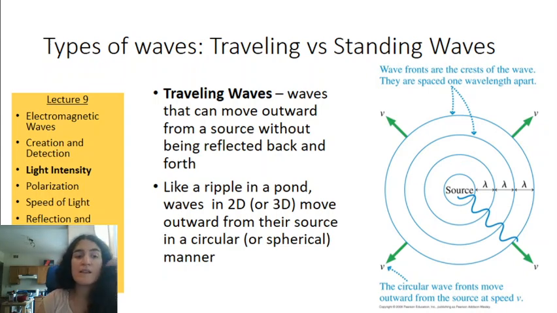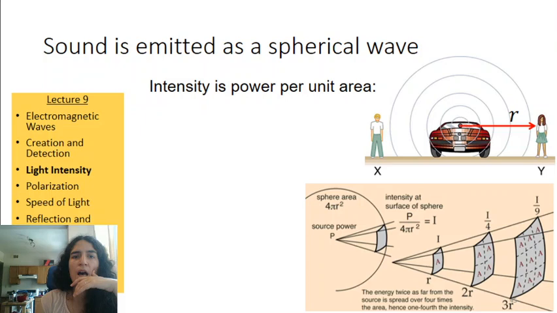And so this is a description of why the intensity of a wave needs to drop off as a function of distance. And that makes sense, right? If I turn on my stereo, it's going to be very, very loud. If I put my ear close to the stereo, it's going to be less loud as I move further and further away.